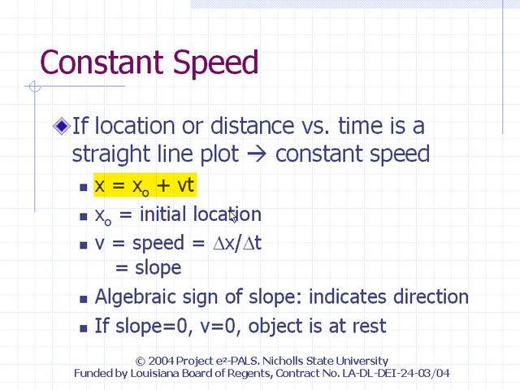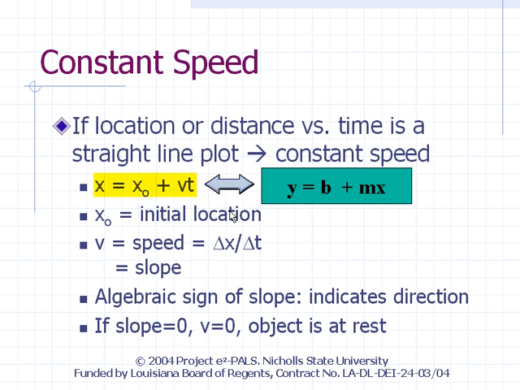In this equation, x is the location of the object at time t. You will recognize this equation as the equation of a straight line. The variables x and t represent the vertical and horizontal coordinates, while the constants v and x naught are the slope and vertical intercept, respectively.